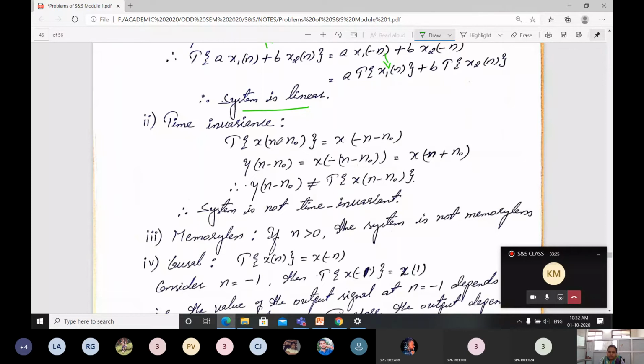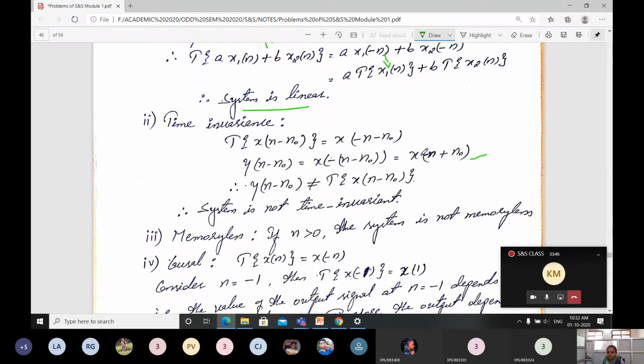What about time invariance? x of n minus n naught, it should change. Here x of minus n naught. Then y of n minus n naught is going to be, minus is there, so n changes as n minus n naught. Then you substitute here.